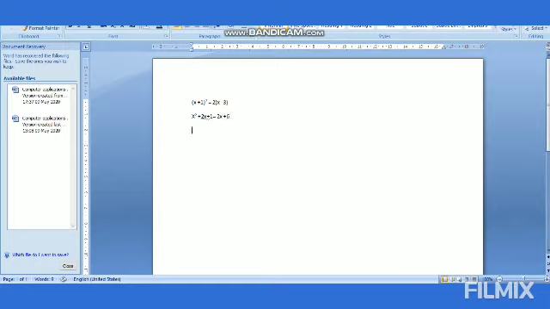Now this equation can be written as x square minus 5 is equal to 0.